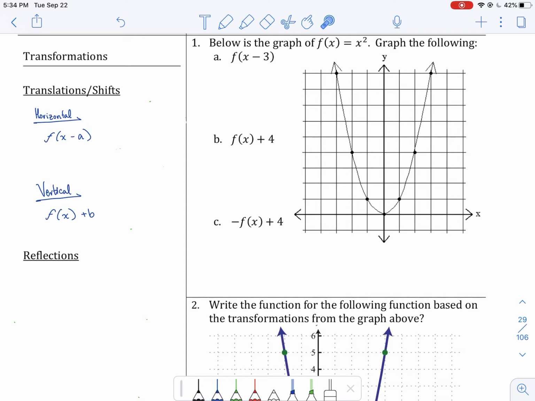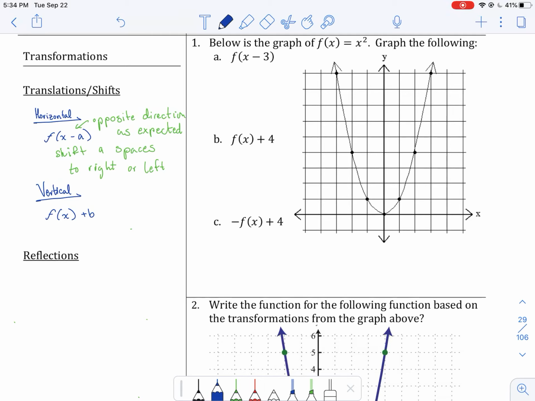So with shifts, when it's horizontal, that means that it is affecting the x because we're going back and forth on the x-axis. So a function will have function formulas all around it, and if it's a horizontal translation, the x is the thing being affected. Now you notice it's got the negative on there, and that's because horizontal translations go in the opposite direction as you expect, meaning that if I have an example here, x minus 3, we're actually going to go x positive 3 in this direction.